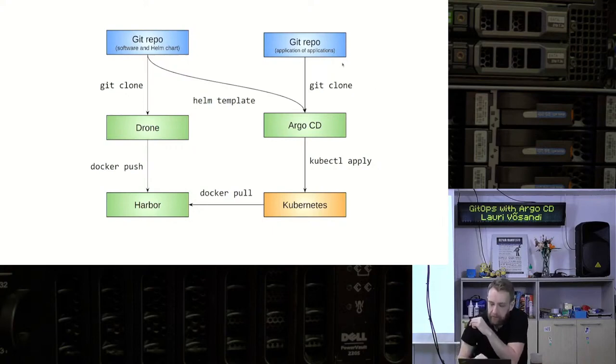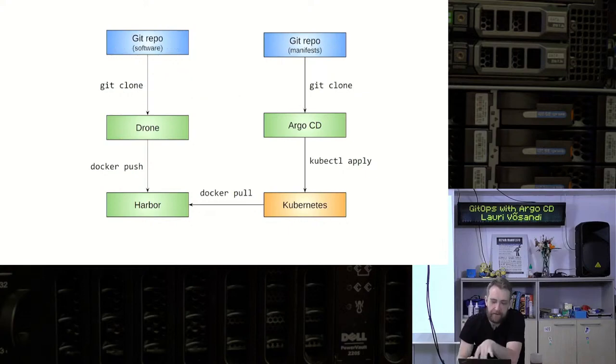Now, if you're asking why I still keep the Git clone here, this central Git repo becomes what is known as application of applications. This is one of the patterns that Argo CD provides. And I would say one of the problems with Argo is that you can come up with all sorts of different ways to use it.